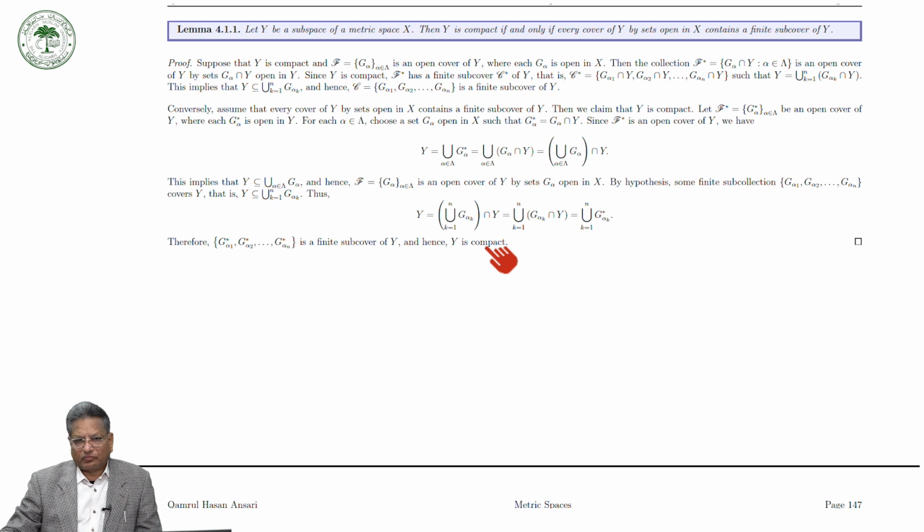Now, we can have one very simple lemma. Let Y be a subspace of a metric space X. Then Y is compact if and only if every cover of Y by sets open in X contains a finite subcover of Y. Y being a subspace of X means every open cover of Y by sets open in Y has a finite subcover.